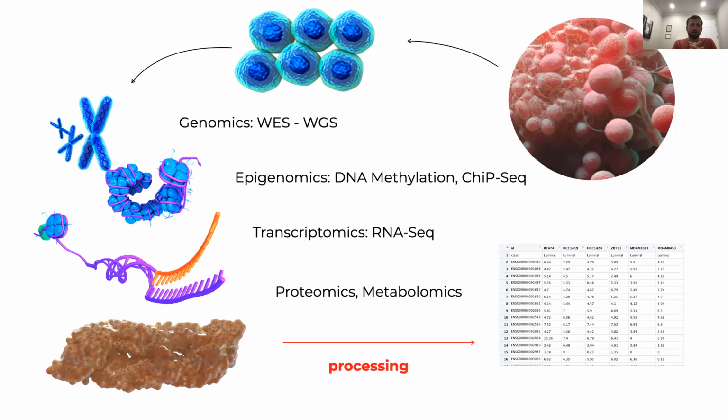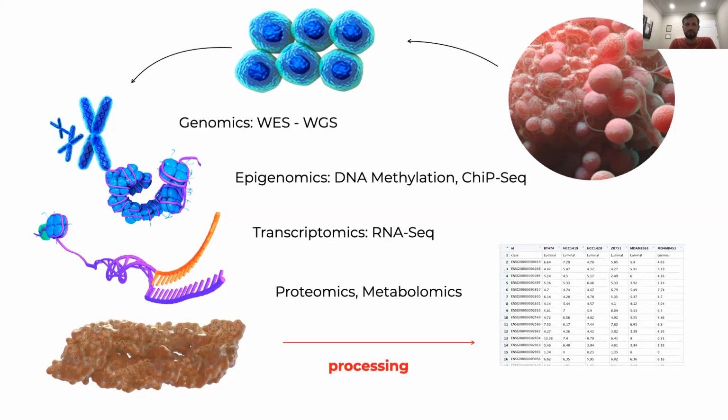And so that processing of data is going to be a major limitation for anyone that wants to apply more advanced data science methods. And in fact, it is known that about 80% of a data scientist's work is transforming, cleaning, and preparing data for analysis.